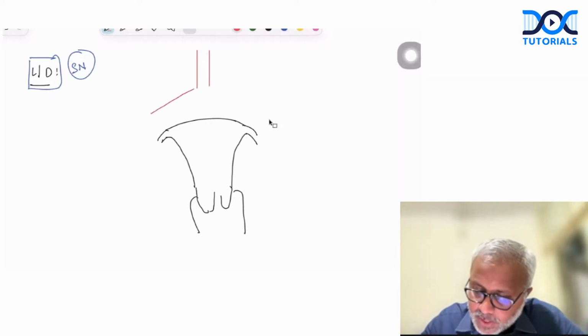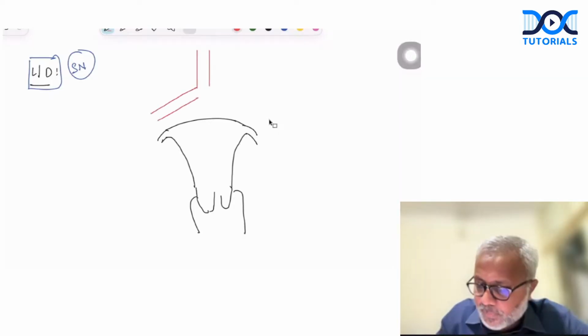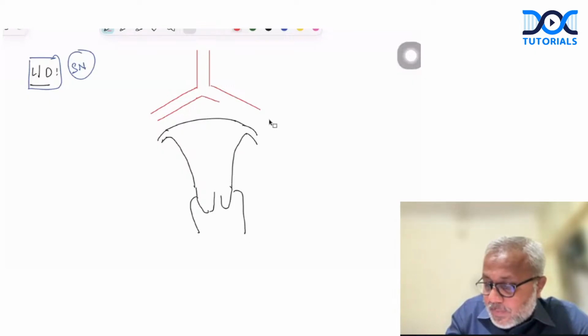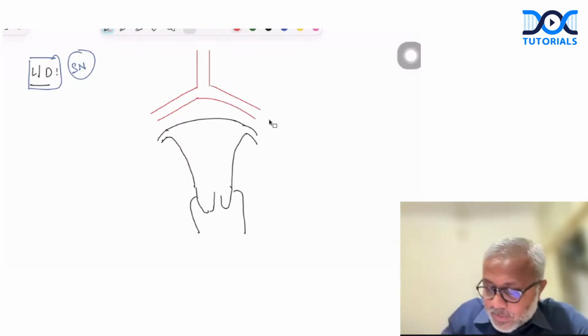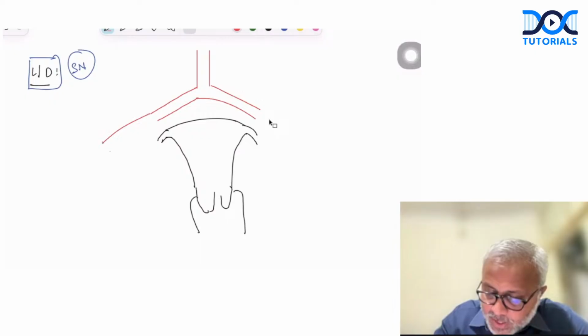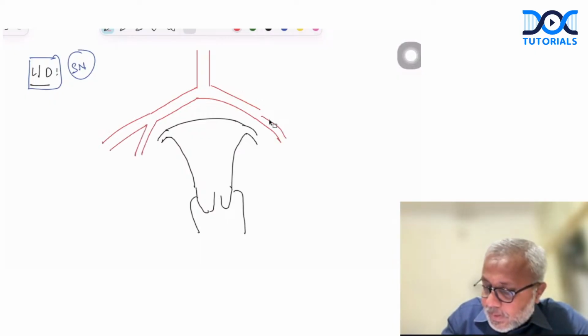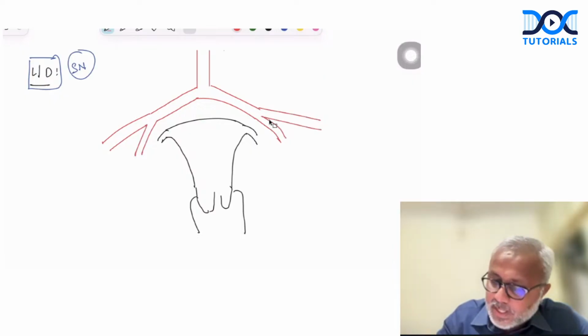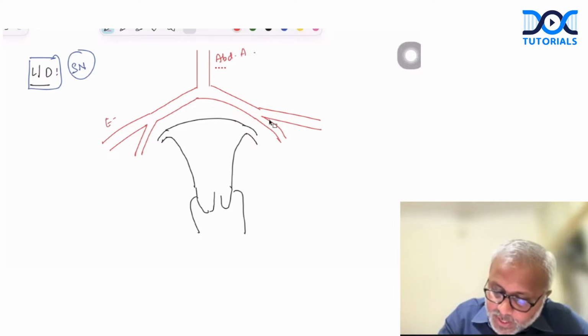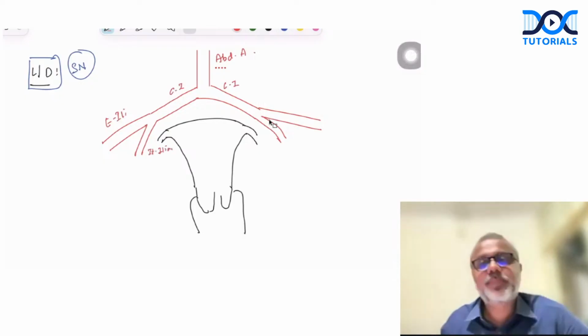The abdominal aorta will split into two blood vessels, which are two common iliac arteries. The common iliac arteries will split into internal iliac and external iliac. So, abdominal aorta, external iliac, this is the common iliac, and this is the internal iliac.